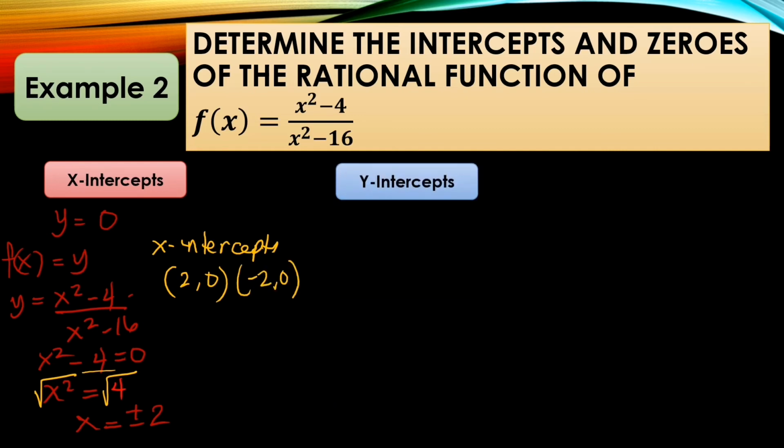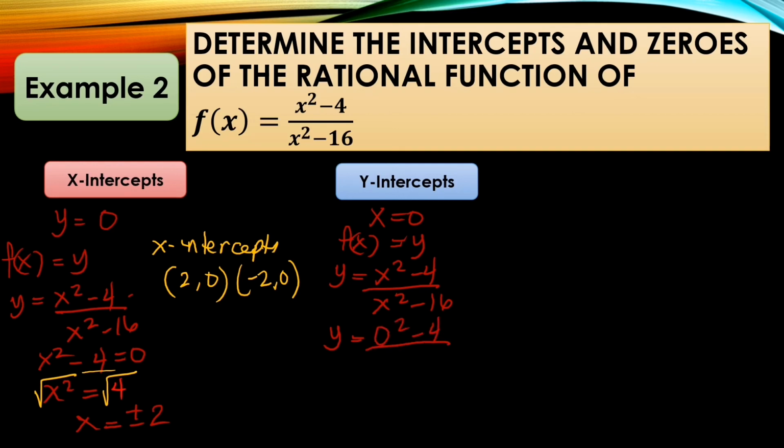So how about y-intercepts? Let x is equal to 0, which is f of x will become y. y is equal to x squared minus 4 over x squared minus 16. So y is equal to, substitute your 0 to the x. So 0 squared minus 4 over 0 squared minus 16. So it will become negative 4 over negative 16.